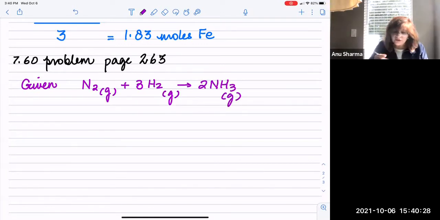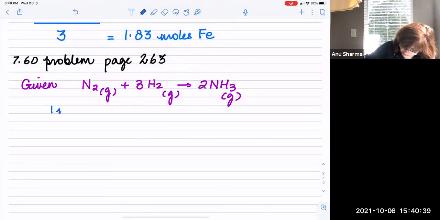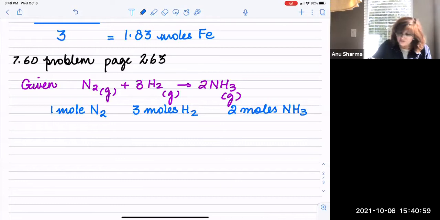Now how many moles of hydrogen are needed to react with the moles of nitrogen? So 1 mole of nitrogen is reacting with 3 moles of hydrogen to produce 2 moles of ammonia, NH3. This is the way you look at the reaction.